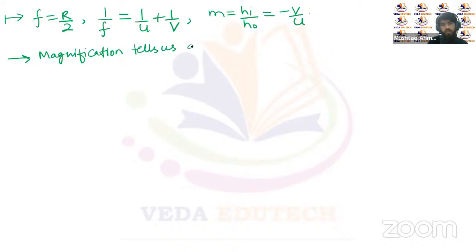Magnification tells us about the nature of image formed at different positions. So using these three equations, we can conclude anything about spherical mirrors.